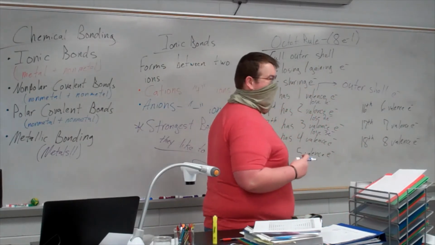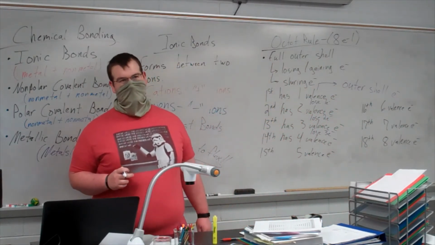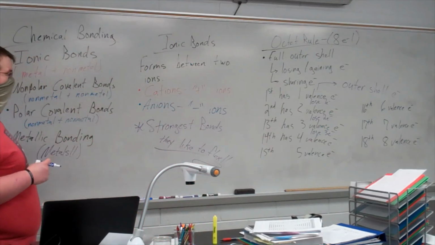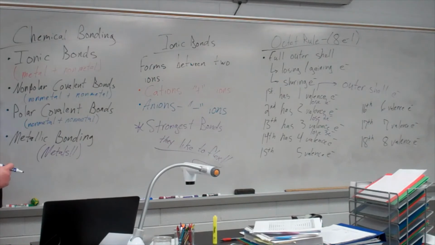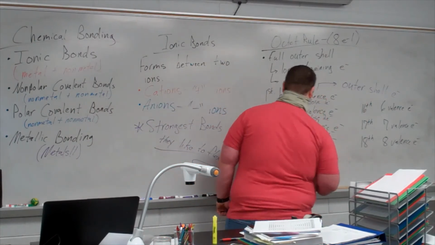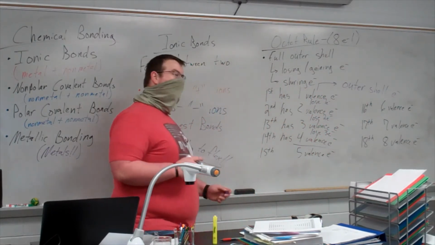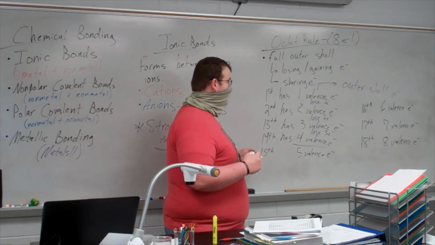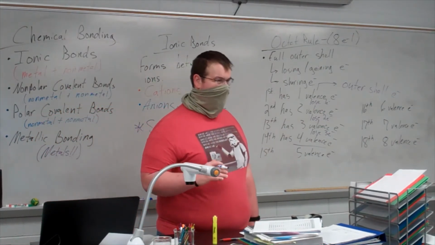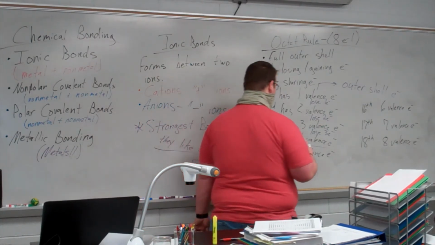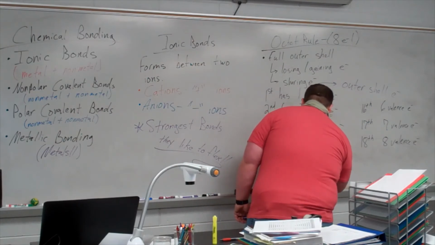Now the 14th column is weird. 14th column really doesn't like to form ions. 14th column, they like to form covalent bonds. So we don't worry about them. We kind of just want to leave that blank. And then we get the switch. The 14th column is where it switches. Because when we get the 15th column, it has 5 valence electrons. Is it easier to lose 5 or gain 3? Gain 3. So they will gain 3.